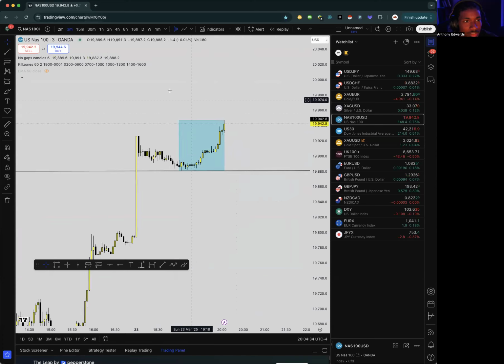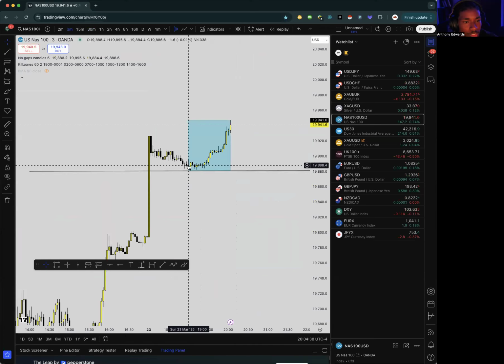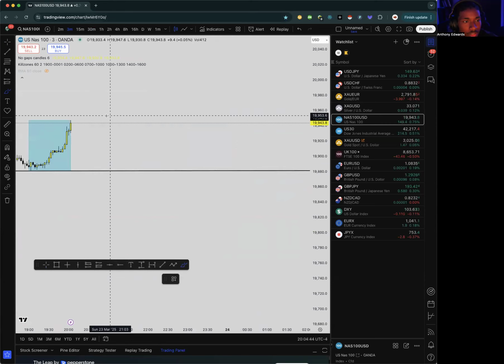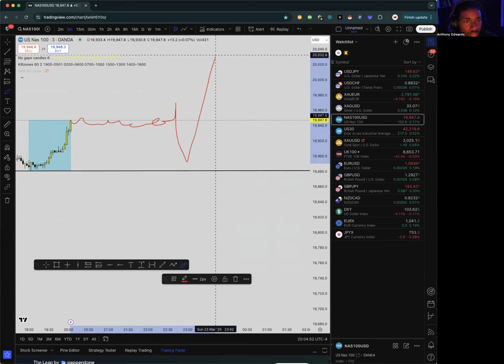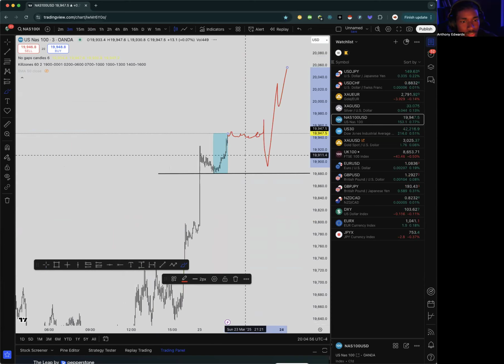It doesn't seem like it's consolidating. More so, this might be the manipulation. And then for the London session, price might start accumulating, so consolidating. And then in New York, it might just go like that and start making some highs. That's what price might do.